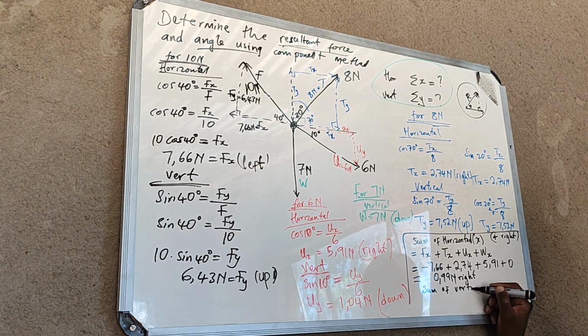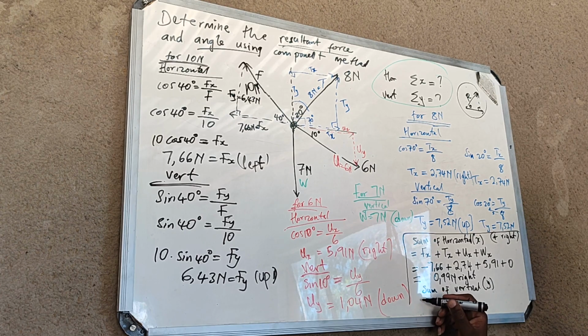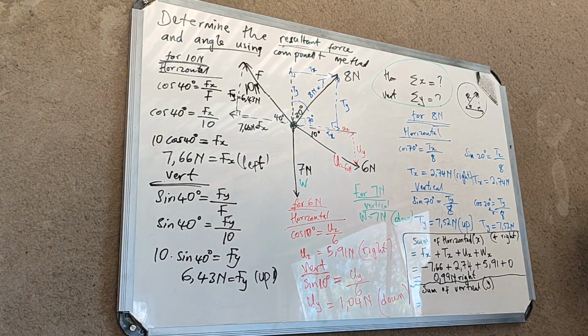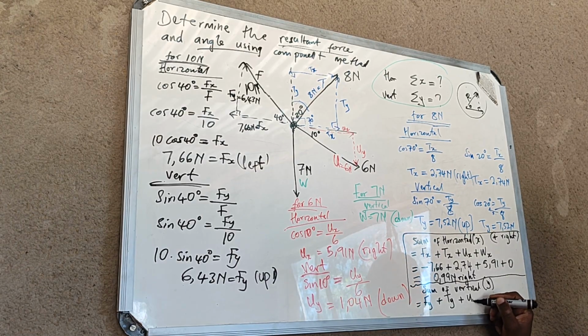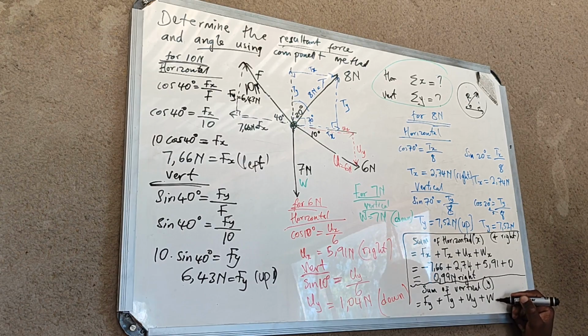Right. Let's get the sum of vertical, which means the y. Alright, what do you have there? We have the F of y plus the T of y plus U of y plus W of y.